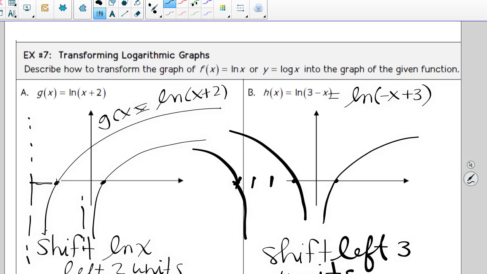Does the graph still have the basic format if it's log instead of natural log? Yes, it has that basic shape.